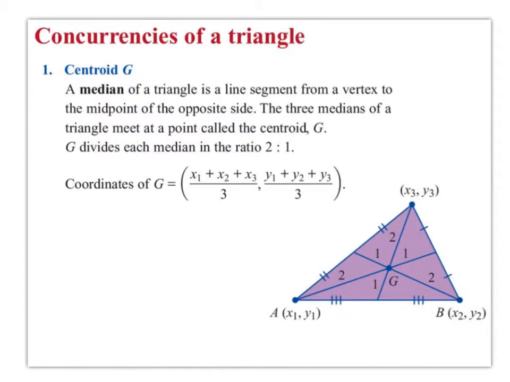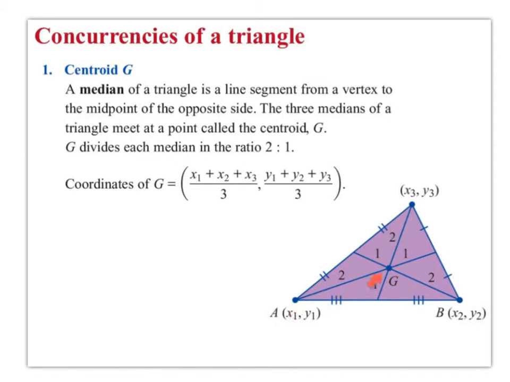So these three medians meet in the center, and this is known as the centroid. And G, the centroid, divides each median in the ratio of 2 to 1. So for example, this median here, the distance from here to here is twice the distance from here to here.